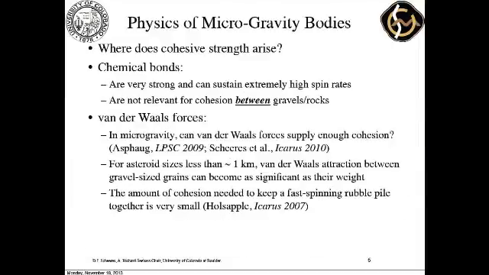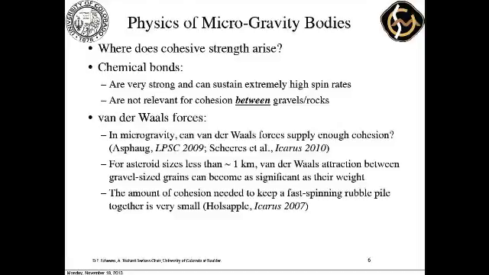So when we talk about strength of asteroids, there are two different things that we need to distinguish. First are chemical bonds, and these can be quite strong and sustain extremely high spin rates. This is really the strength of a meteorite itself, whether it's a clod of dirt or an iron meteorite, something that's very strong. What we're really interested in are the van der Waals or molecular forces that can bind these stronger blocks together with each other.